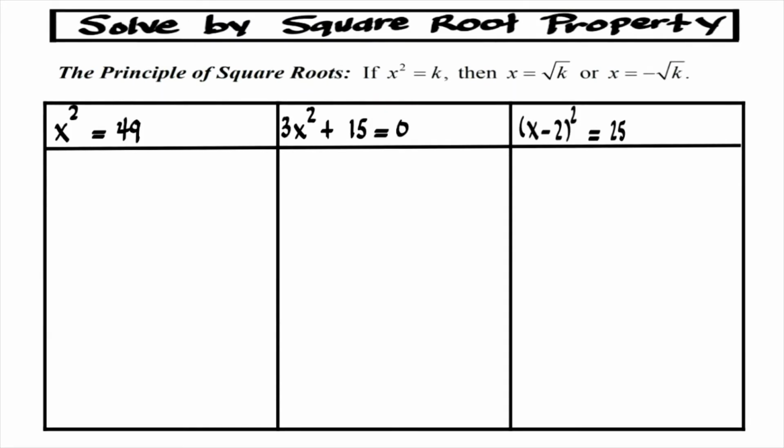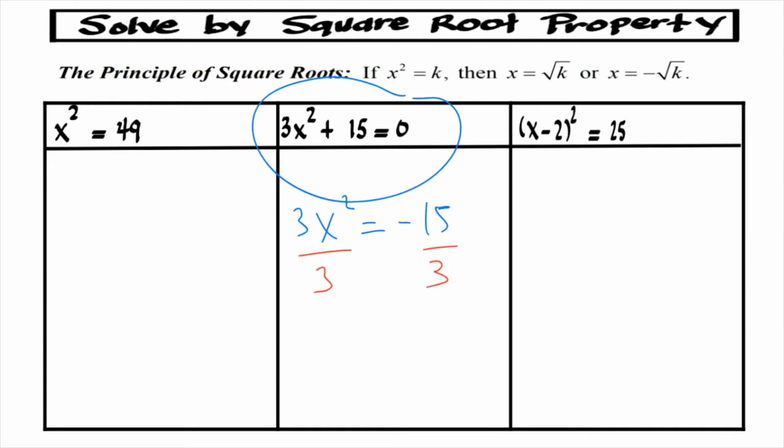Now I just want to look back at this problem, 3x squared plus 15 equal to 0. You could have isolated your 3x squared term by itself first if you wanted to, and then divide out by 3 to get x squared to have a coefficient of 1.